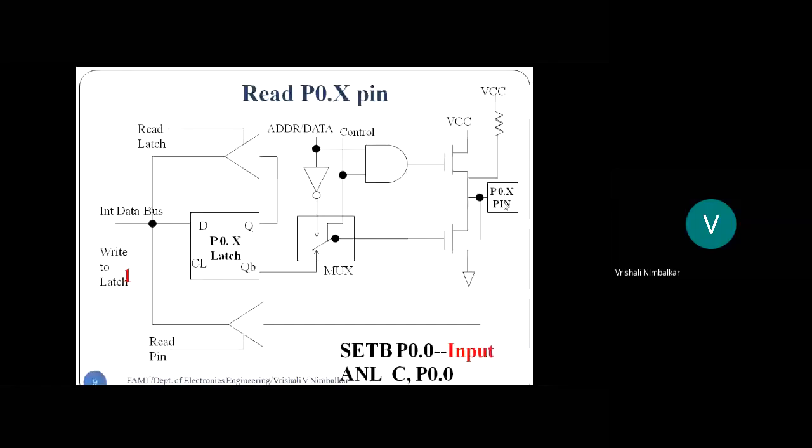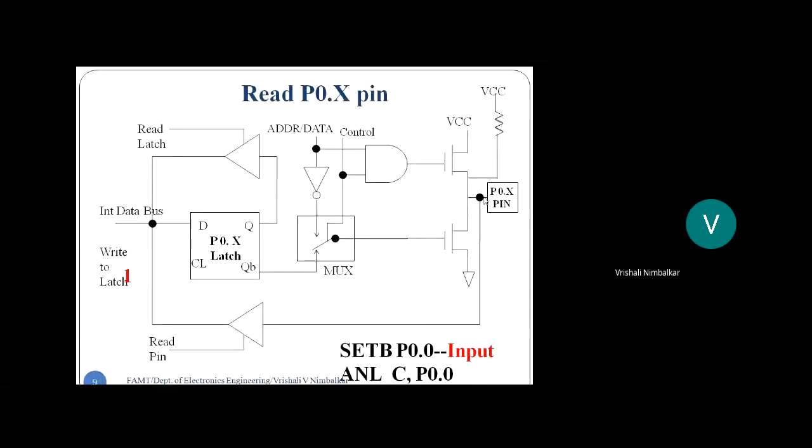If you connect to VCC, then only should the pin show VCC. If you ground the pin, then only should the pin show logic 0. These two MOSFETs should not come into the picture. These two MOSFETs should remain off. Only then will whatever logic you connect appear on the pin.